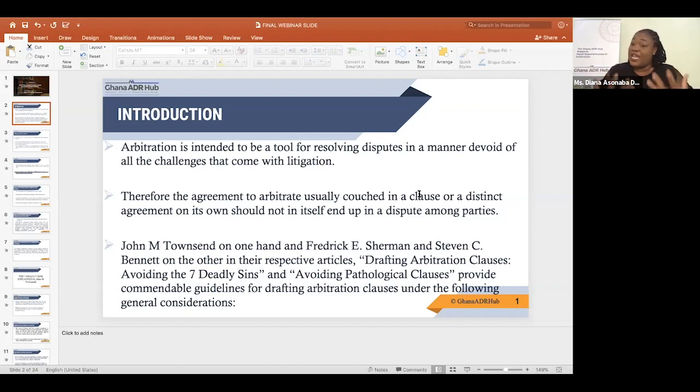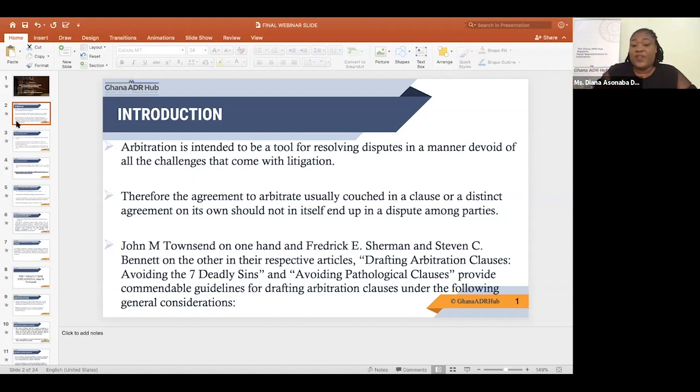And usually when they end up resolving the dispute, they realize that the hearing of the arbitration itself may take a relatively shorter period. So the agreement to arbitrate, which is the arbitration clause, should not in itself be couched in a way in which there will be a dispute because one contracting party understands the clause from a different perspective.